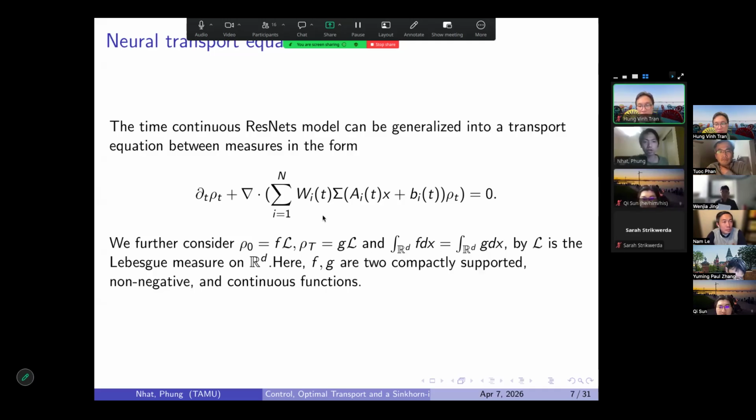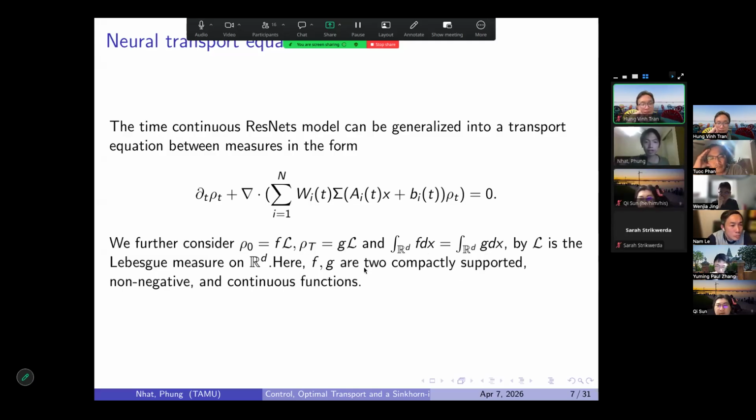Because this is a homogeneous transport, you can see the zero here, the homogeneous transport equation. So the total mass of the two densities has to be equal. Usually we also say this is a balanced transport because the two ends have the same total mass.